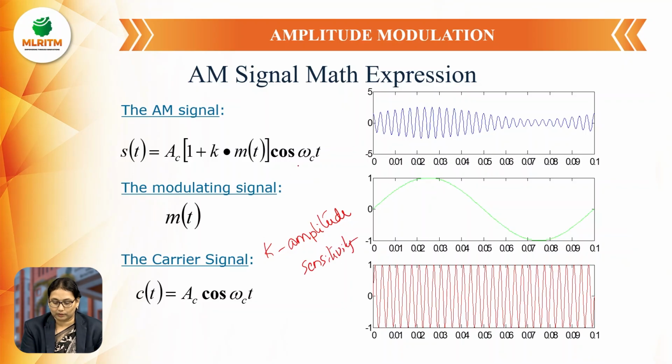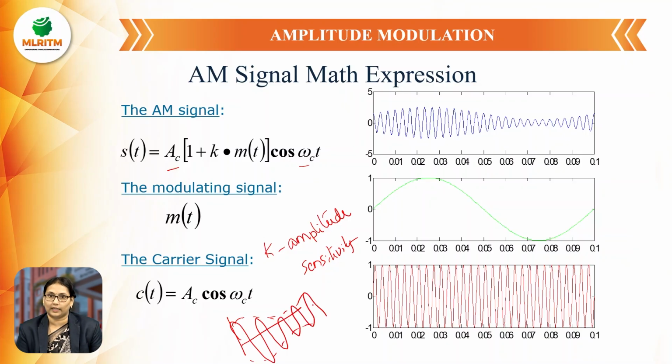We know that ωc is the angular frequency and Ac is the amplitude of the carrier. So this is the representation of an AM signal.